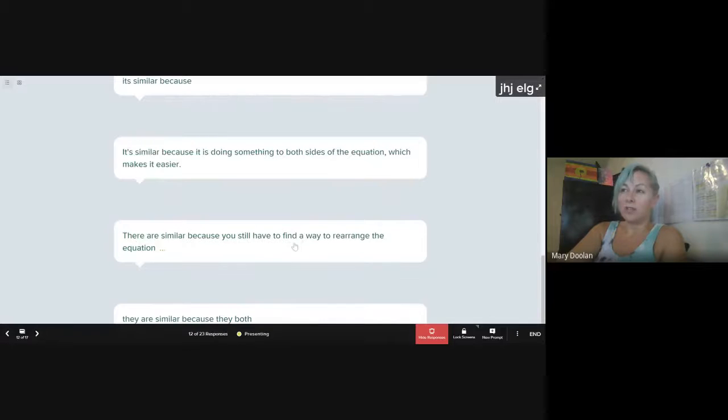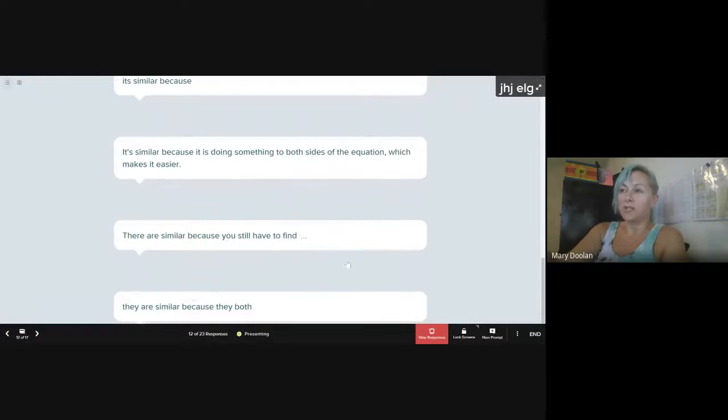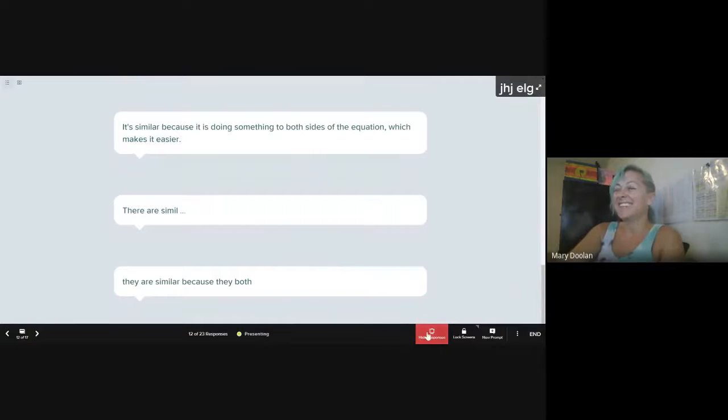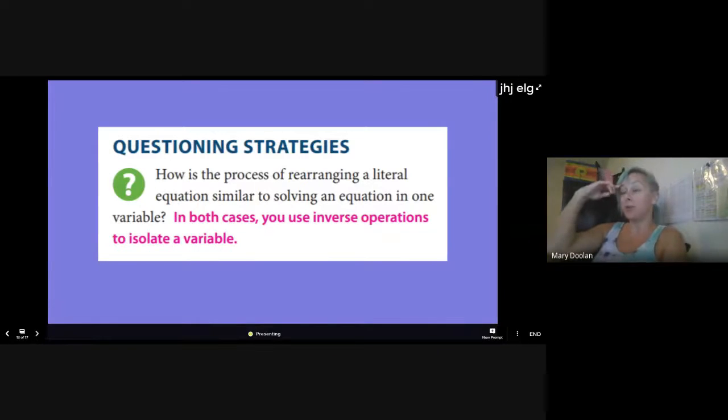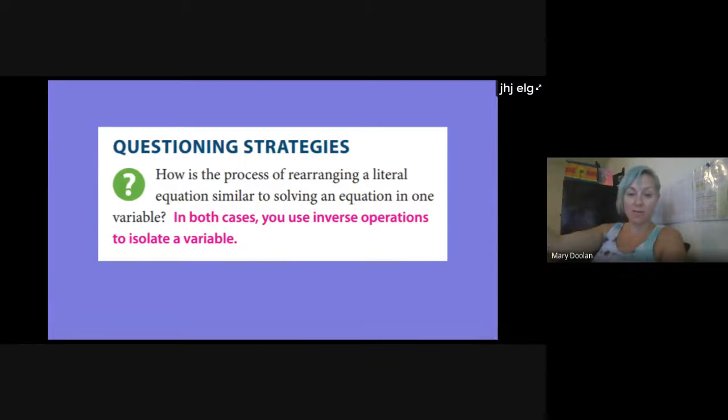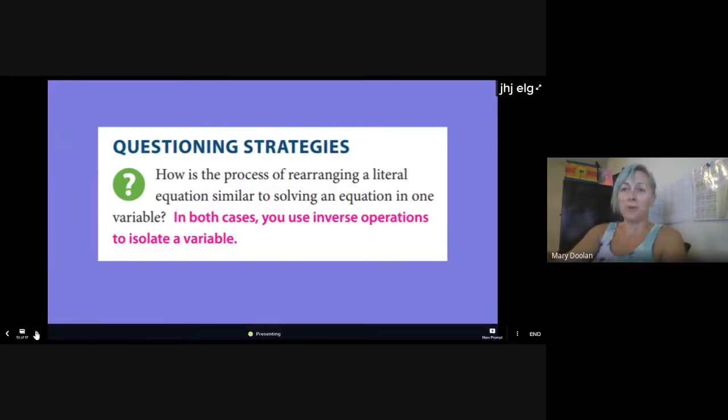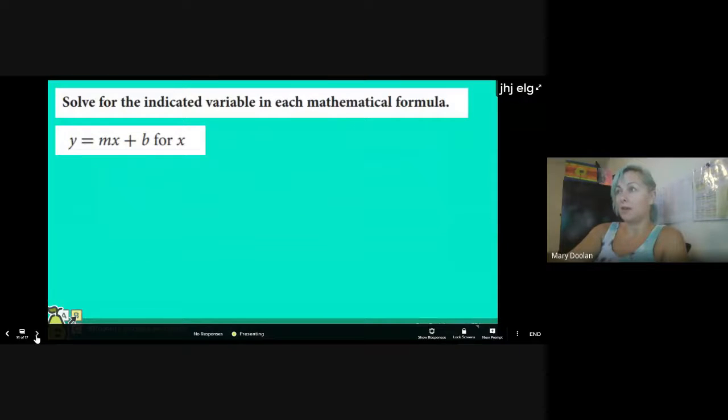They're similar because you still have to find a way to rearrange. Okay. So you guys are coming up with some good ideas. I'm going to show you one possible answer here: in both cases, you are using inverse operations. And somebody mentioned that to isolate your variable. So you did come up with that. That's one possible similarity.